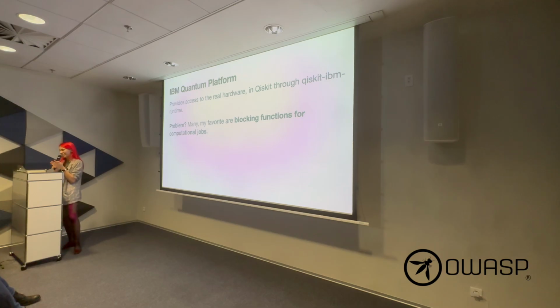So what will that mean? You have to leave your computer open and keep the program running until the function returns. But you need it to return because, for example, you want to get the ID of the computational job or some parameters about it, and you won't get them until it gets computed on the end hardware.